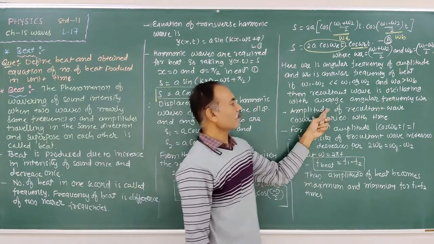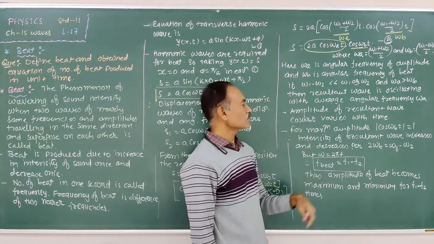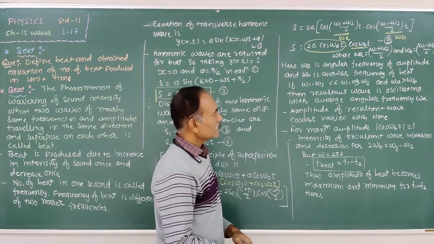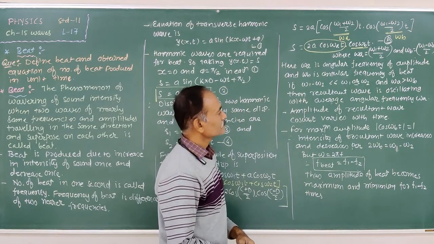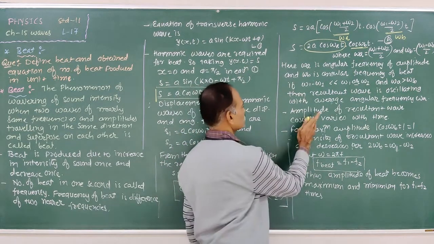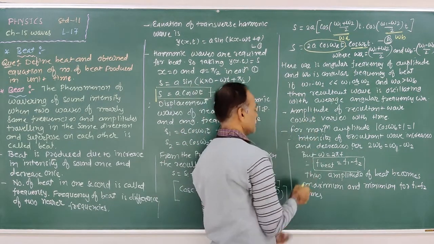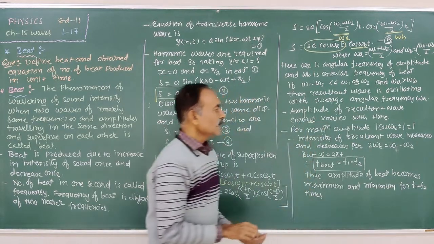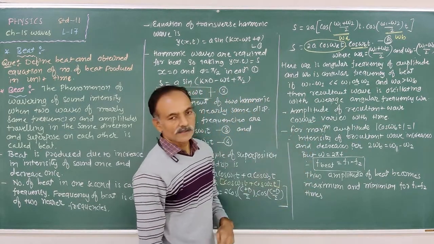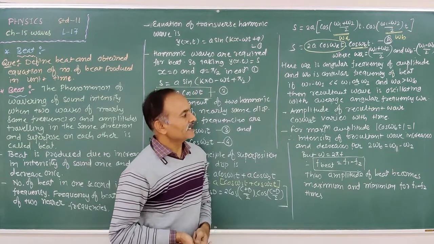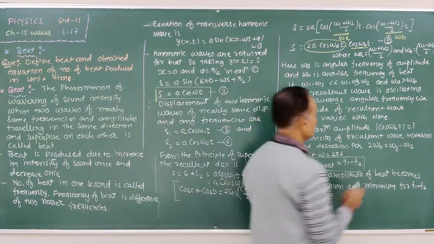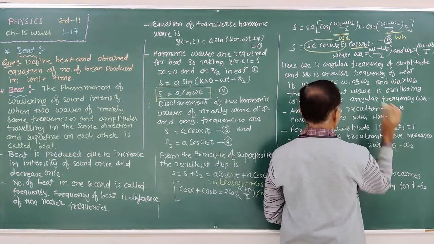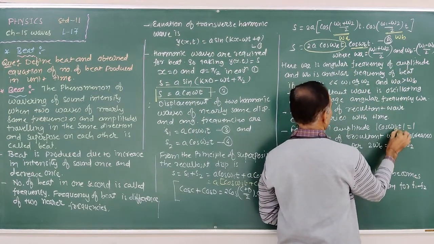Therefore, the amplitude of the resultant wave varies with time. For maximum amplitude, cos omega b t is equal to 1.